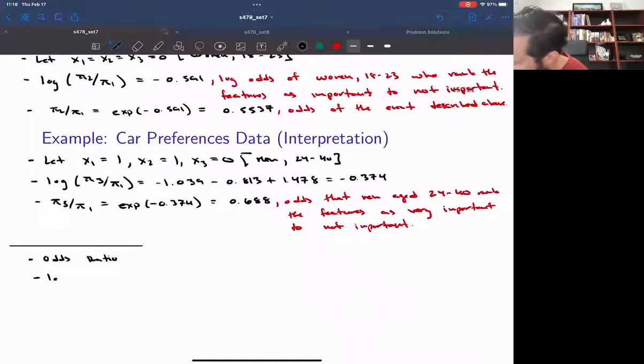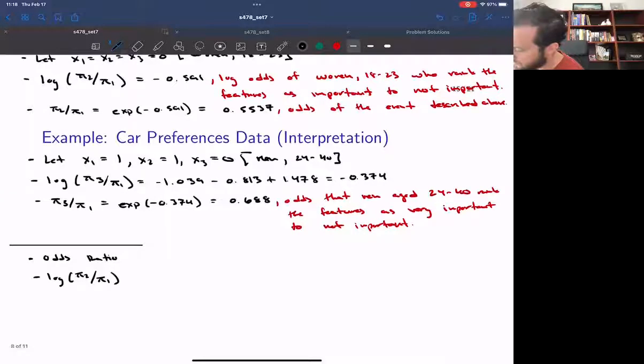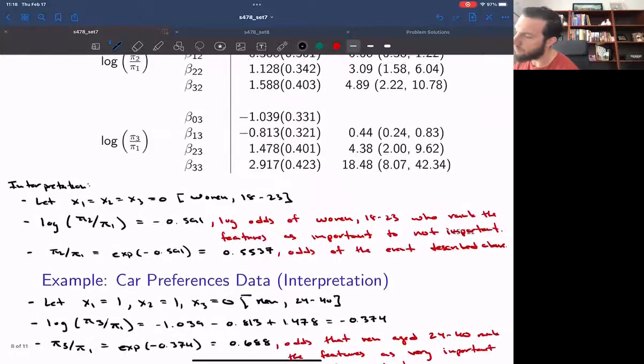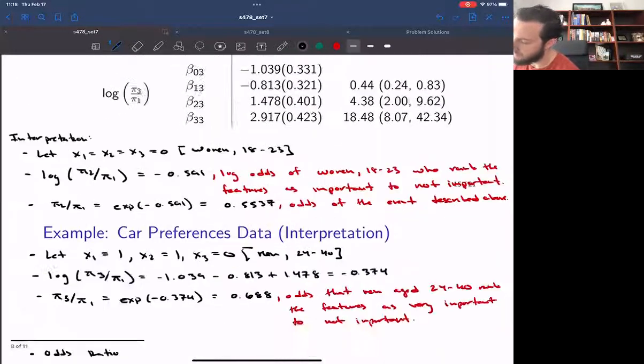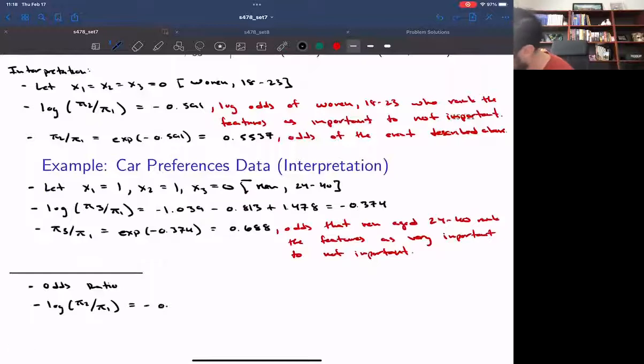So log pi 2 given pi 1 is equal to negative 0.591, with x1, x2, x3 equal to 0.